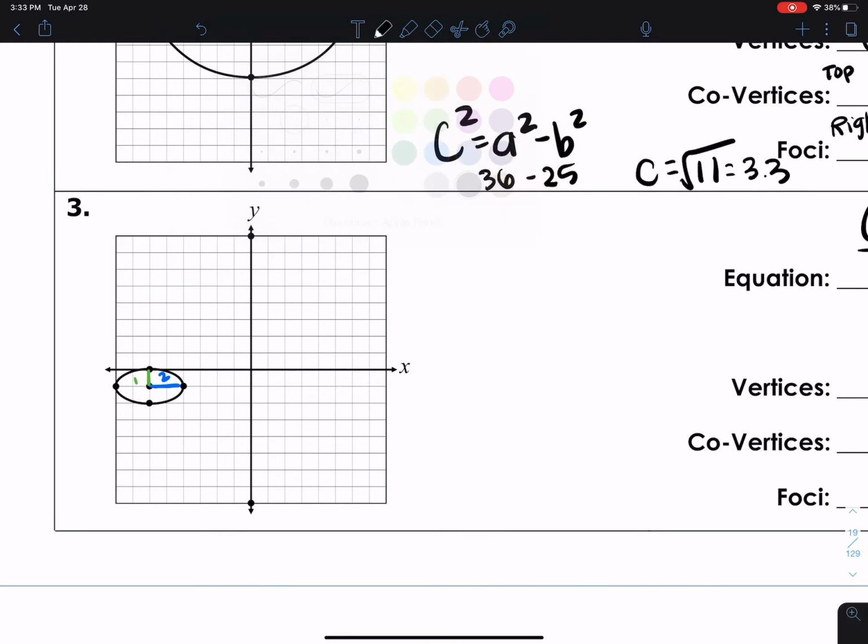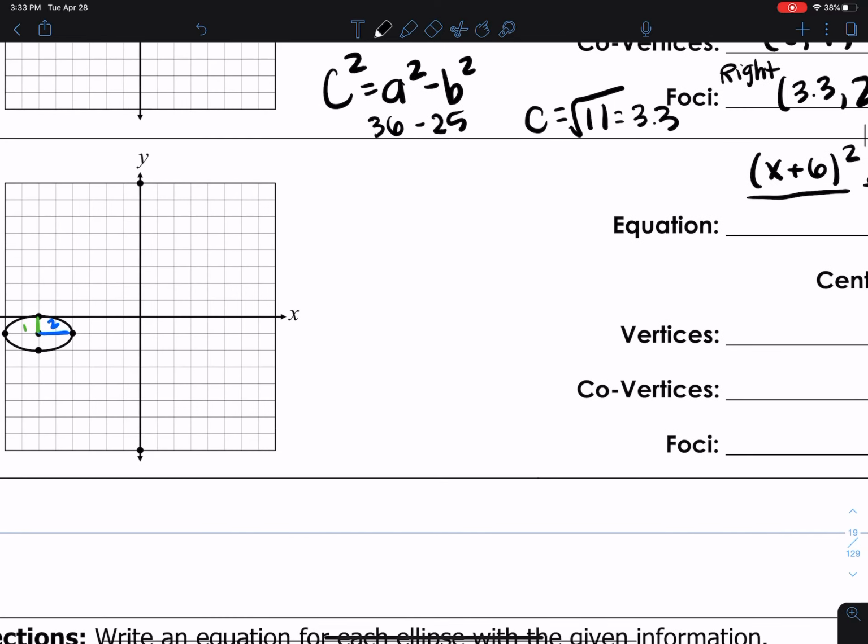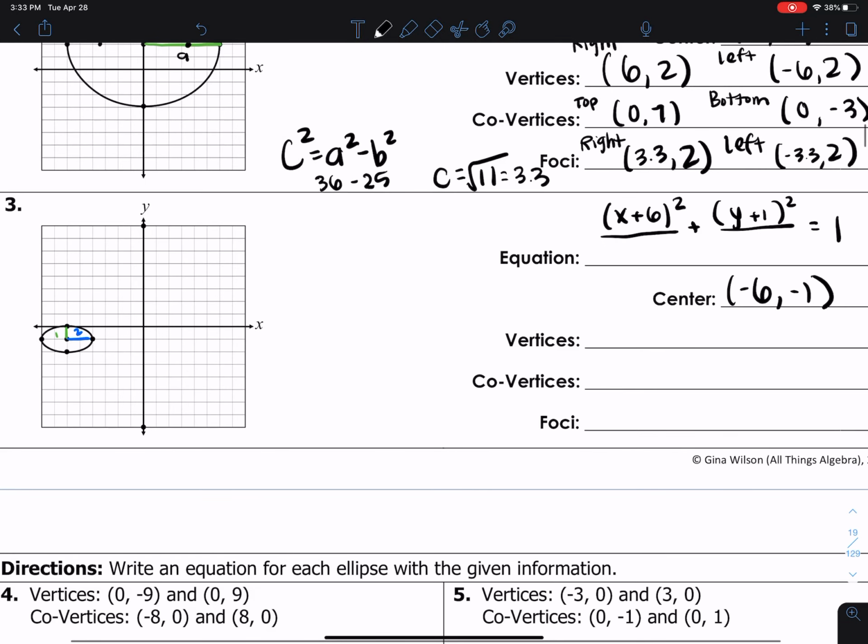So it's longer horizontally. The vertices are going to be on the horizontal axis, or the major axis, which is horizontal in this case. So we have (-4, -1), that's our right vertex, and then the left vertex is (-8, -1).